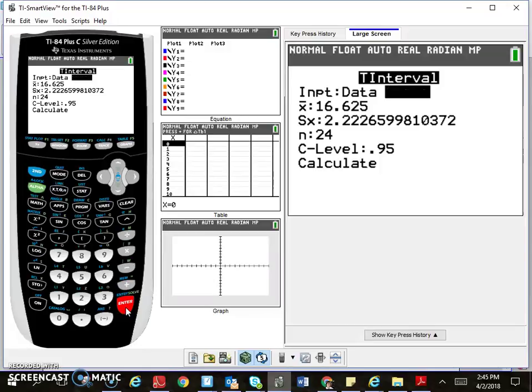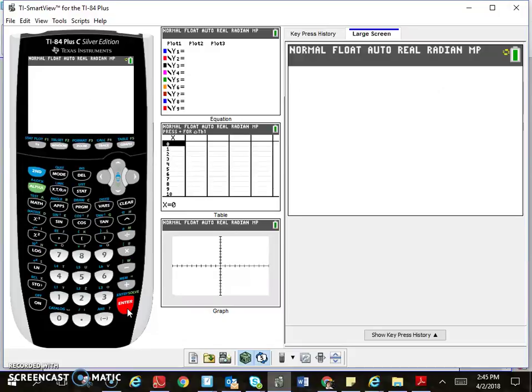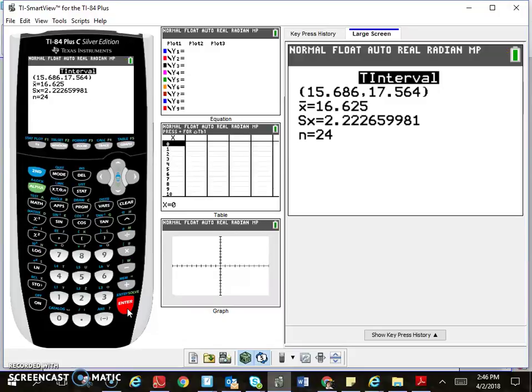When you do that, you should see all 3 things are already plugged in for you, because you've entered the numbers into the list and you did stats on it already. So it saves you time. Just make sure it's the right confidence level, which it is, 95%. And then hit calc at the bottom, and it's going to create the confidence interval for you. So enter, and that's what you're going to write for step 7. That interval right there.